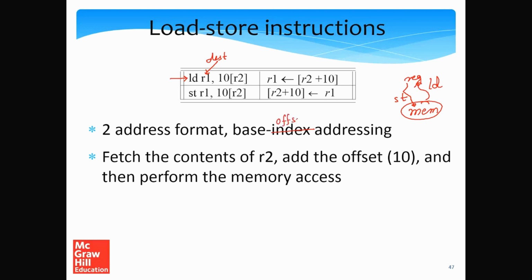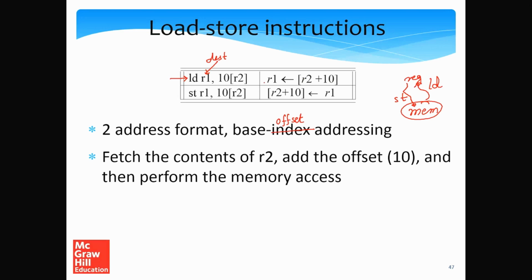So in this case, the base address is specified in register R2. We take register R2, we add 10 to it, we get a new memory address. We access the memory using this address, read the contents and put it in R1.